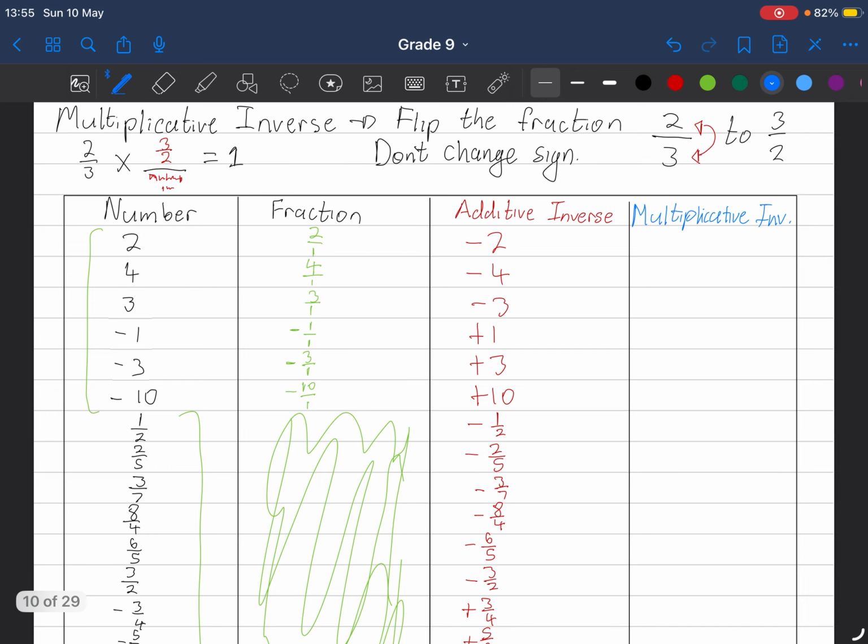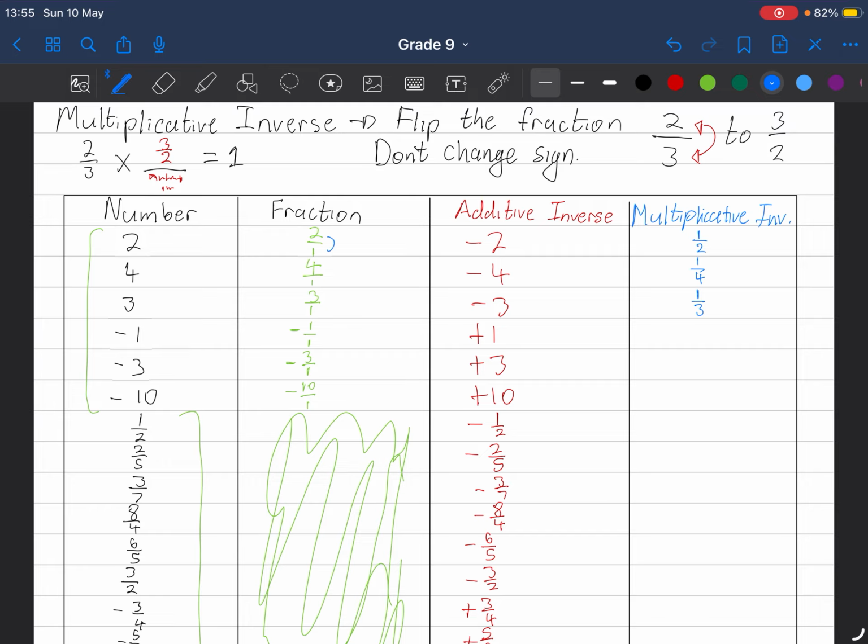So let's go ahead and try this. 2 is not a fraction, but we need to flip the fraction. That is why I showed you how to write it as a fraction. So the multiplicative inverse of 2 is 1 over 2. The multiplicative inverse of 4 is 1 over 4. The multiplicative inverse of 3, well, you write it as a fraction as 3 over 1 and then flip it, and then the 1 goes on top, so it becomes 1 over 3.